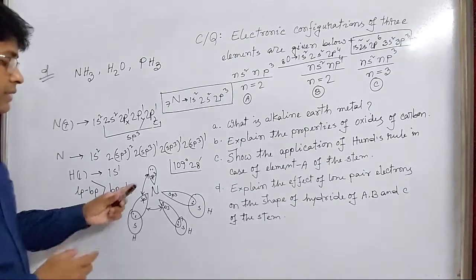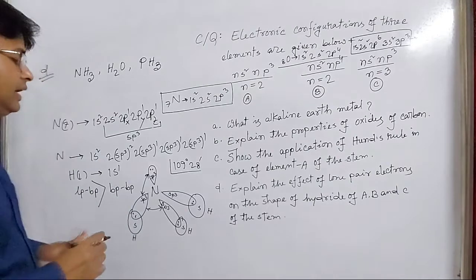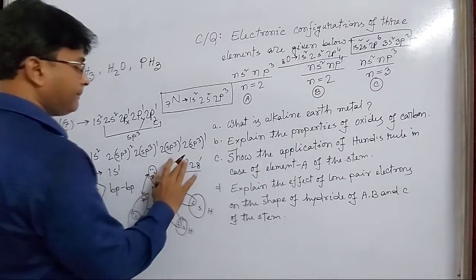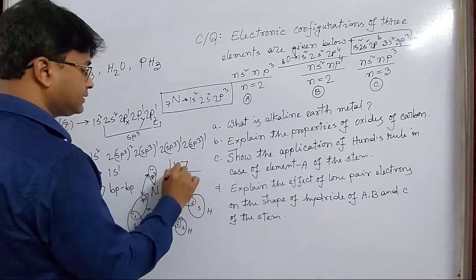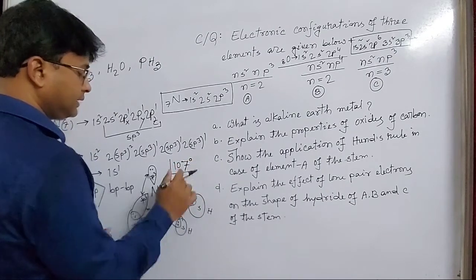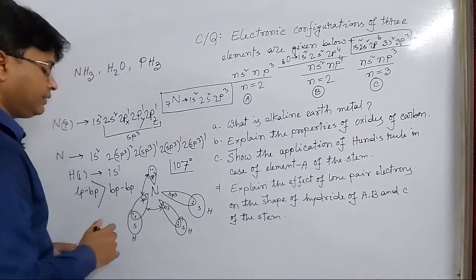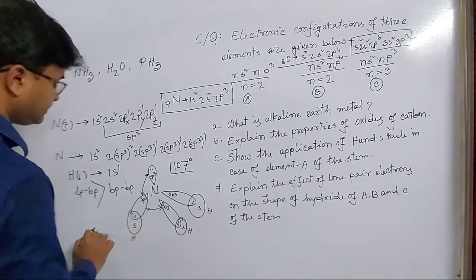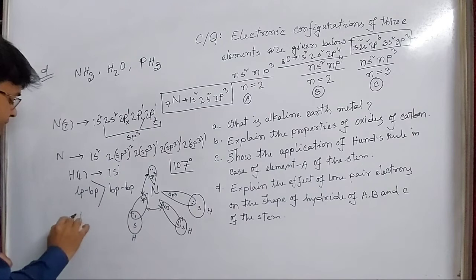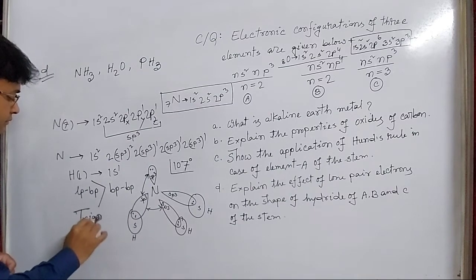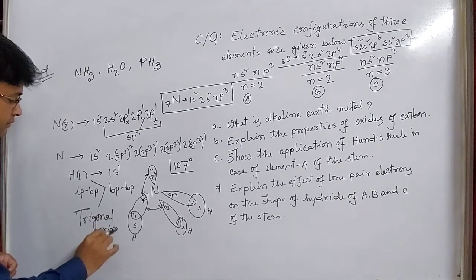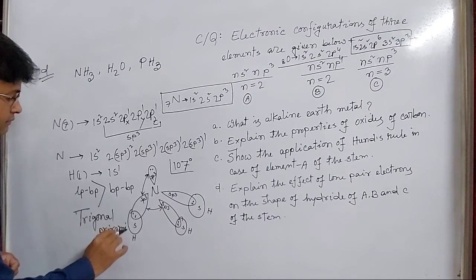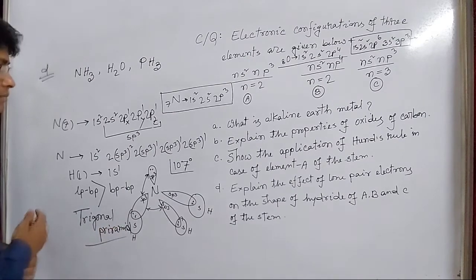That's why the bond angle is decreased and it is 107 degree, and in this case the molecular shape becomes trigonal pyramid.